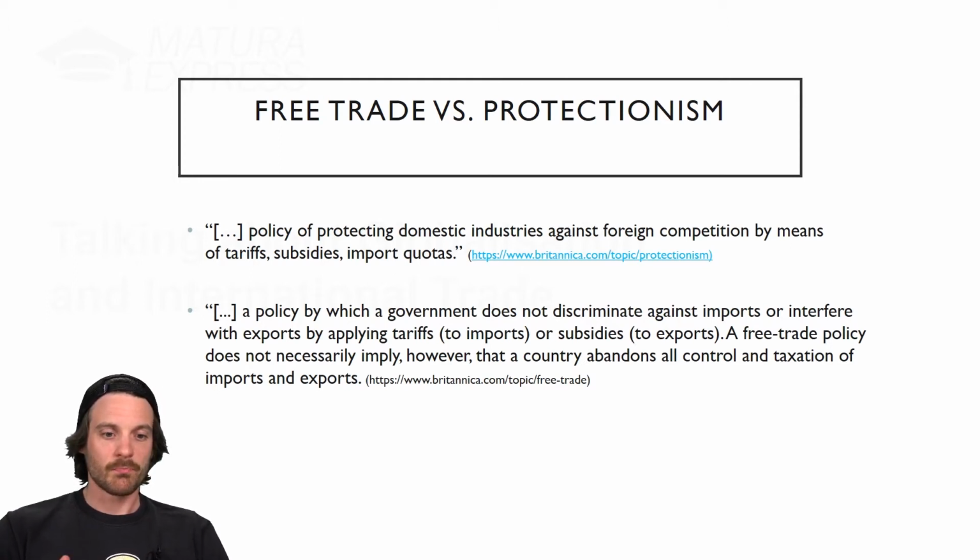I found those definitions in Britannica in this case. You can Google this website, or you can just read the definition here.